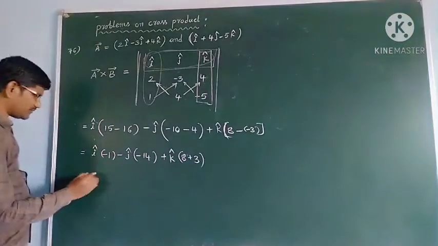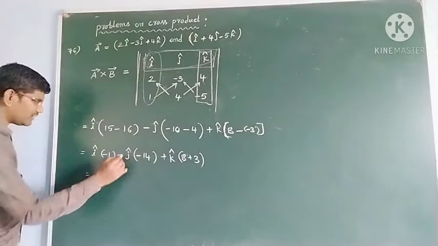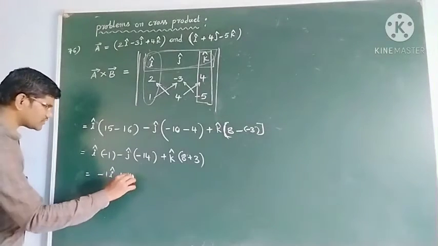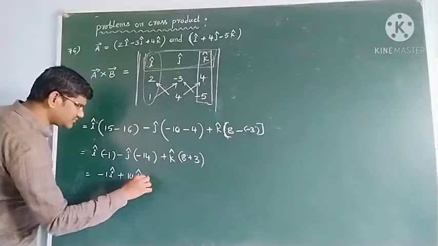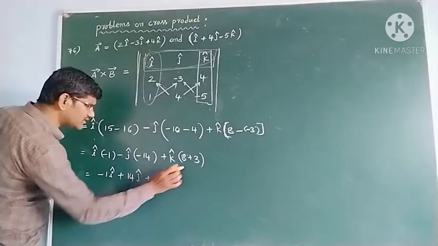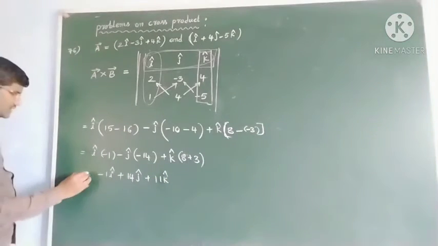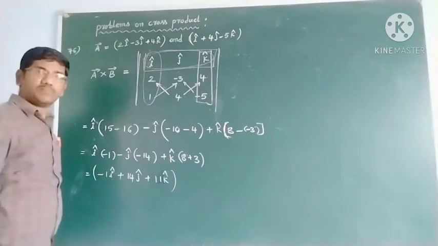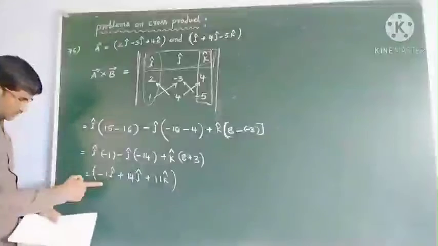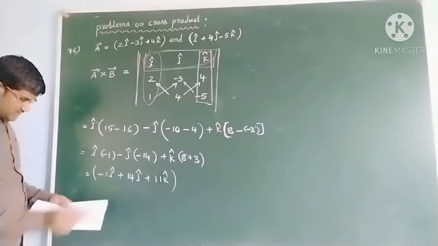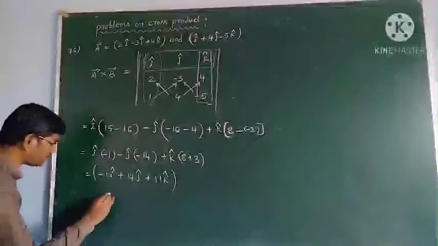So minus 1 into i cap, and minus of minus is plus, so 14 j cap, and 8 plus 3 is 11 k cap. This is the cross product of two vectors A bar cross B bar: minus 1 into i cap plus 14 j cap plus 11 k cap. So the answer is 3.